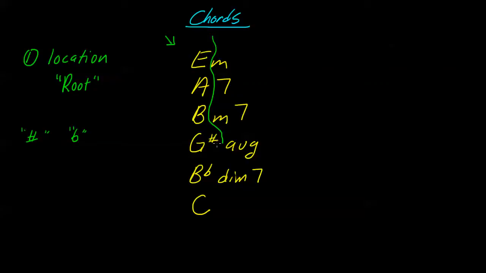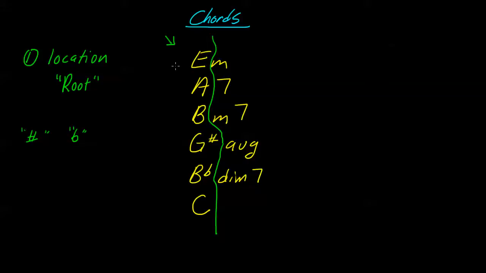So G sharp is a location. B flat is another one because it comes immediately after the B. That tells you that that is a location.